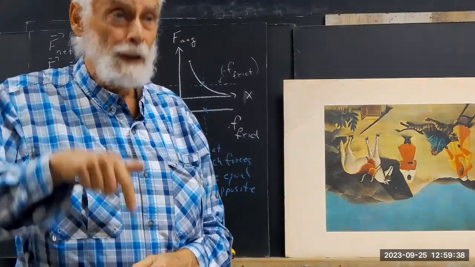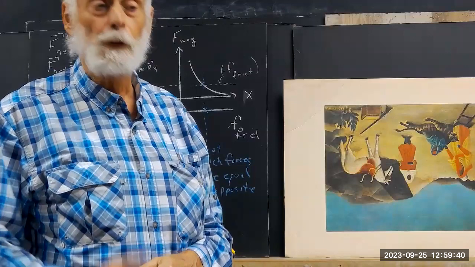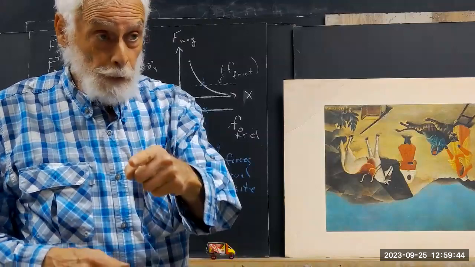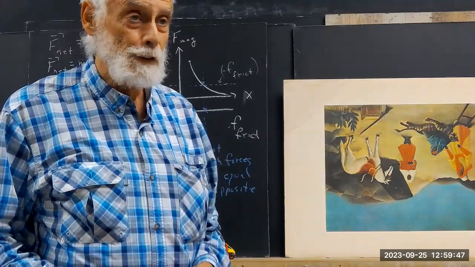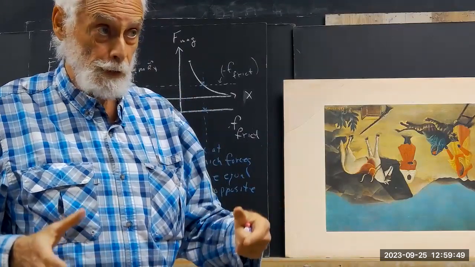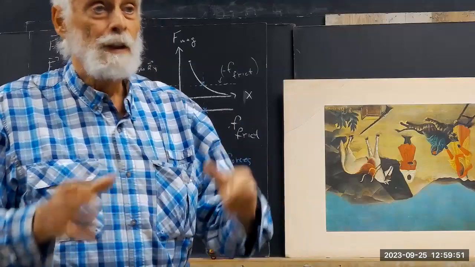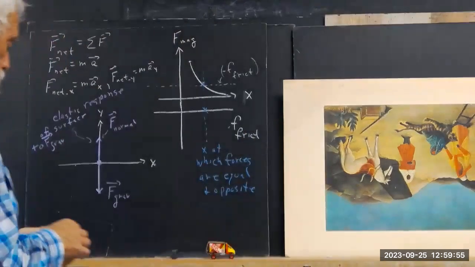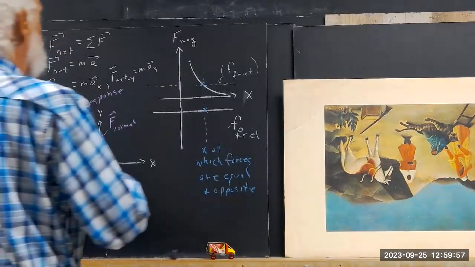Force in the x direction accelerates things in the x direction. Force in the y direction accelerates things in the y direction. And if you got a z direction, the component of the force in the z direction accelerates the mass in the z direction. It's that simple. And that's all I'm saying.